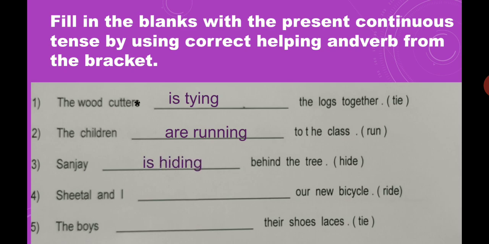Understand? Here, Sheetal and I dash our new bicycle. Here, two persons are there. Don't look at only the I. If Sheetal is not in the sentence, there is only I, and at that time we use am with I. But here, Sheetal with I is there in the sentence. So, how many people are there?